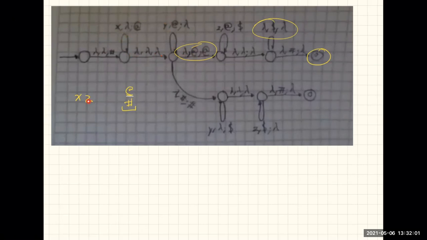And then you read the Z, and the Z removes this add symbol, and then you move here, and finally remove the hash symbol, and you accept this string XZ, which is not correct, because as the language says, you can have XY or YZ, but not XZ, because if you see like XYZ, this is R, this is S, this is T, and S equal R plus T. And in this case, R is 1, T is 1, and S should be 2. Okay. So the string is not correct.